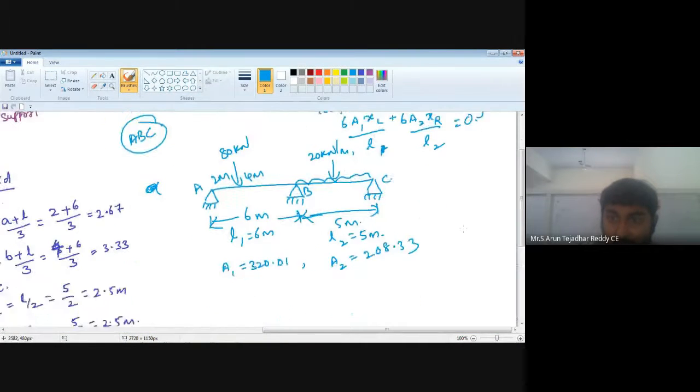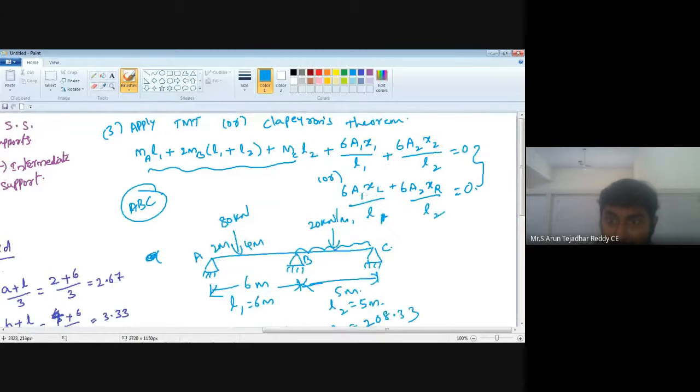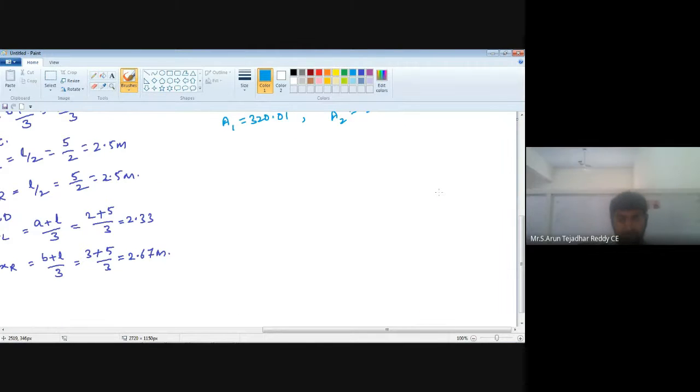Next, what about the remaining terms, X1 and X2, or you can name them XL and XR. First we need to find the centroid X1 or XL.